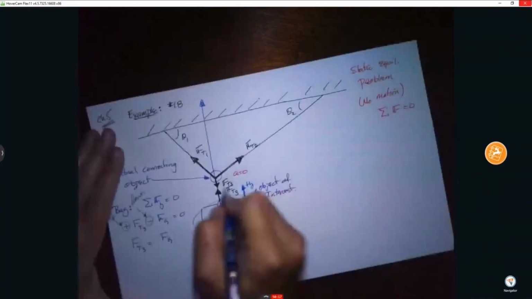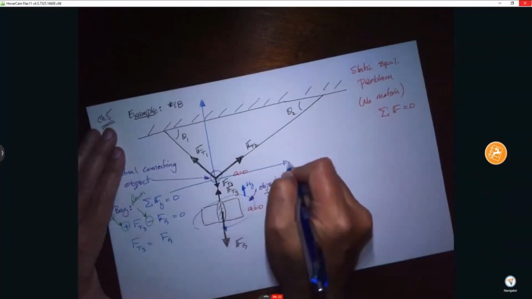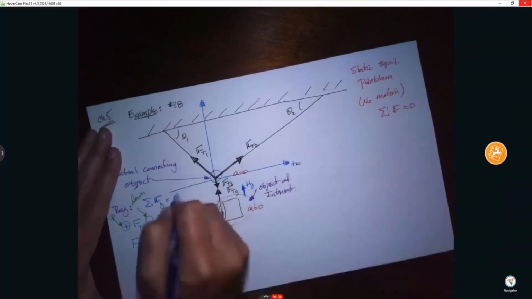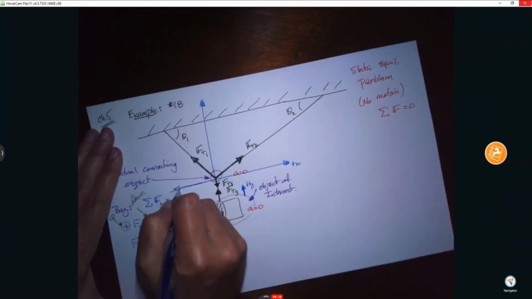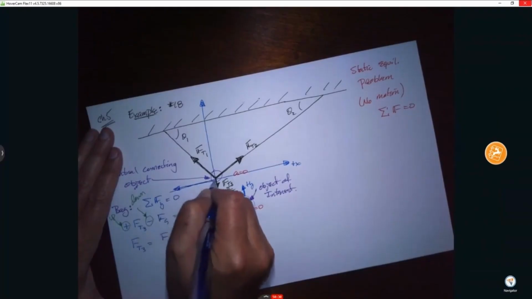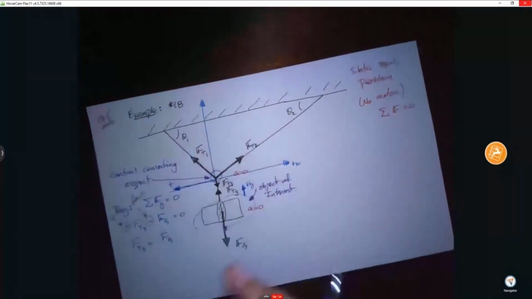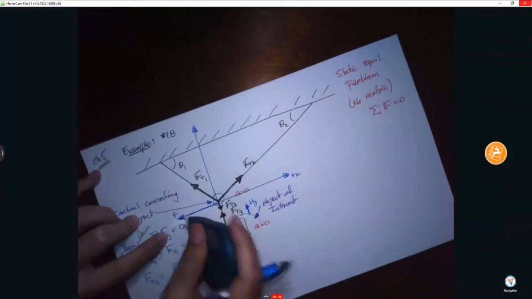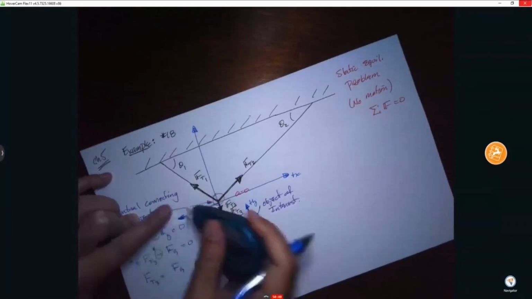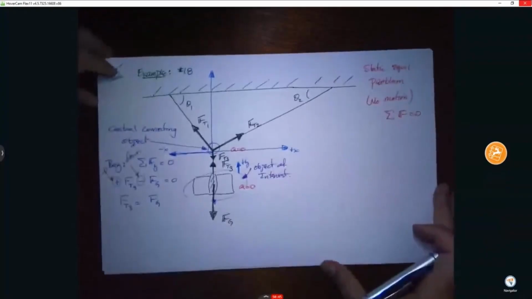And I'm going to say that to the right is the plus x direction.